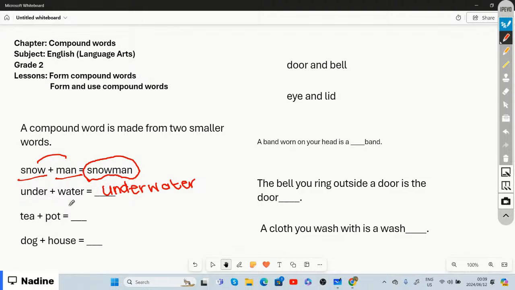And then the next one is tea plus pot. We have tea and we have a pot. If we join those two words, then we can say it is a teapot.